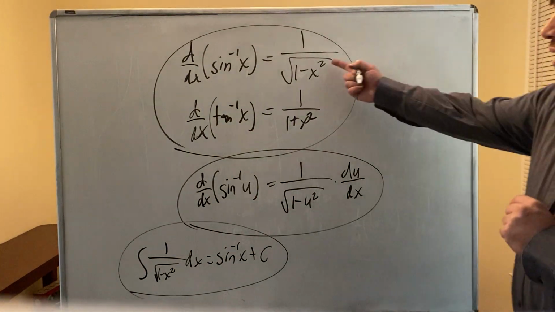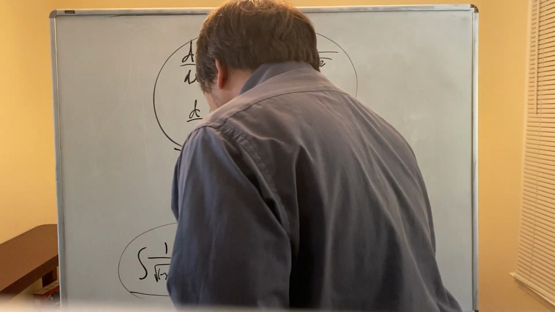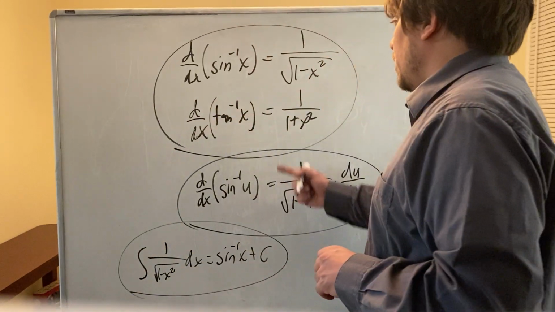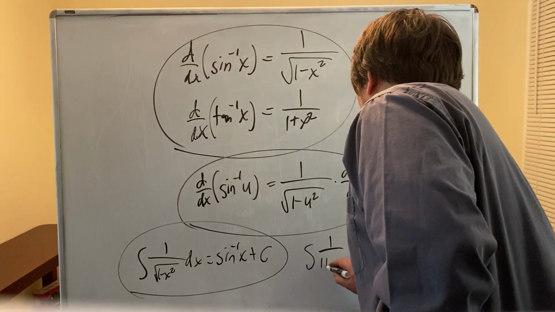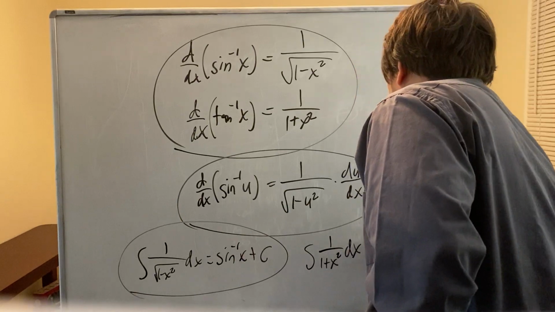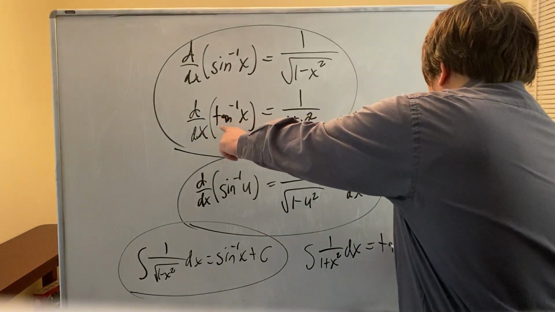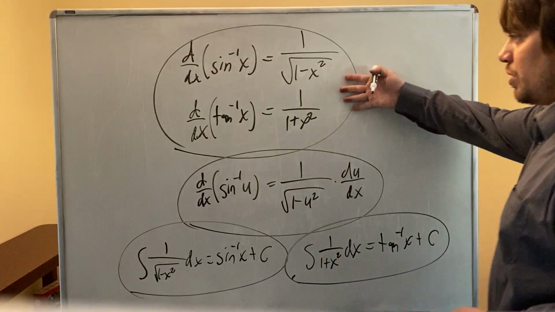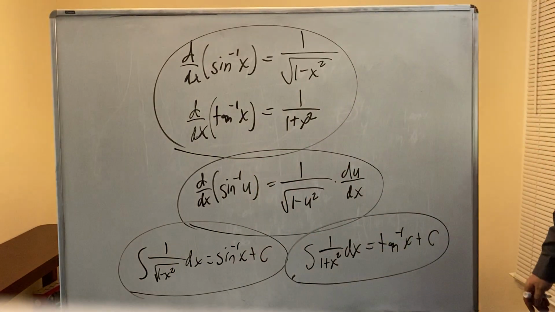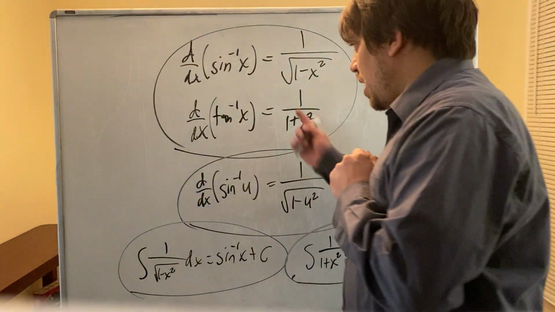Okay, so knowing this means you know that. Also, knowing this second equation means you know that the integral of 1 over 1 plus x squared dx is equal to tan inverse x plus c. So be able to see how I could go from these two derivative equations to these two antiderivative equations. It's the opposite direction.